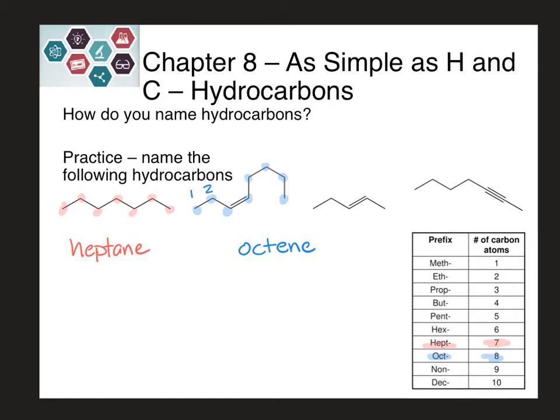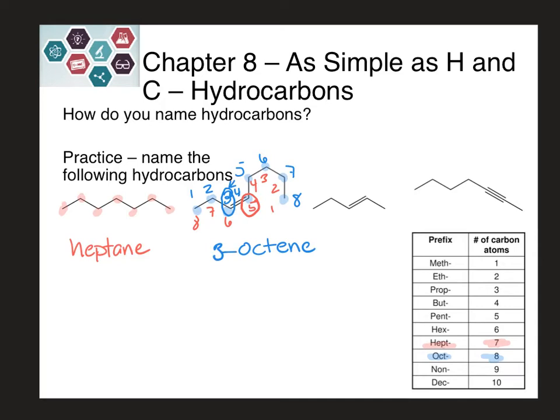So left to right, there's our 8. If I go the other direction, there's the 8. So the red way puts the double bond starting on carbon 5. The blue direction puts the double bond starting on number 3. So we're going to pick 3.